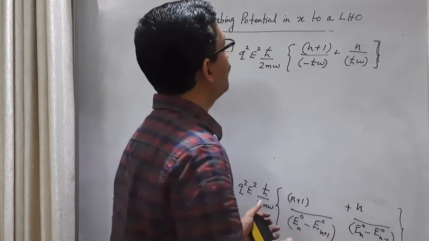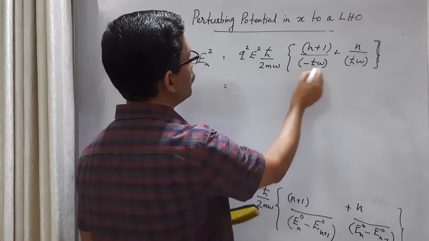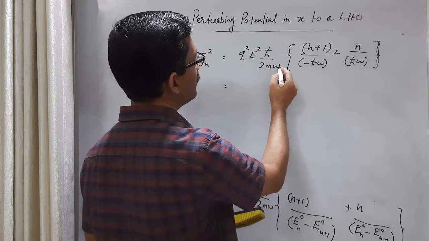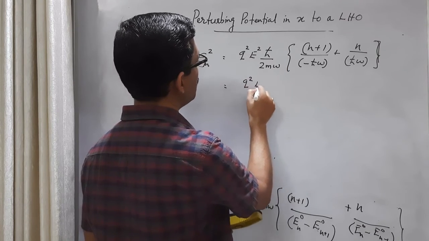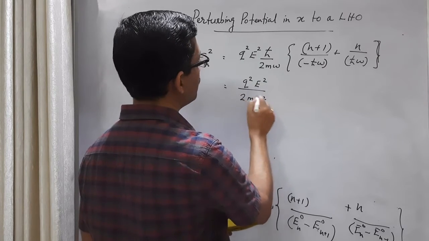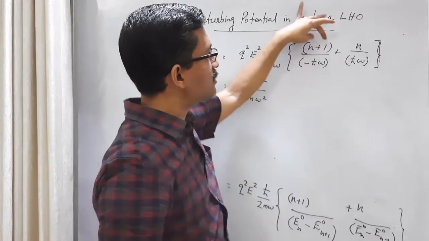Okay. I can take h cross omega outside. When you take this h cross omega outside, this is coming in the denominator. So h cross will cancel. You have an omega square here. So q square E square by 2m omega square. Let me take minus h cross omega outside, because then this term will be positive.